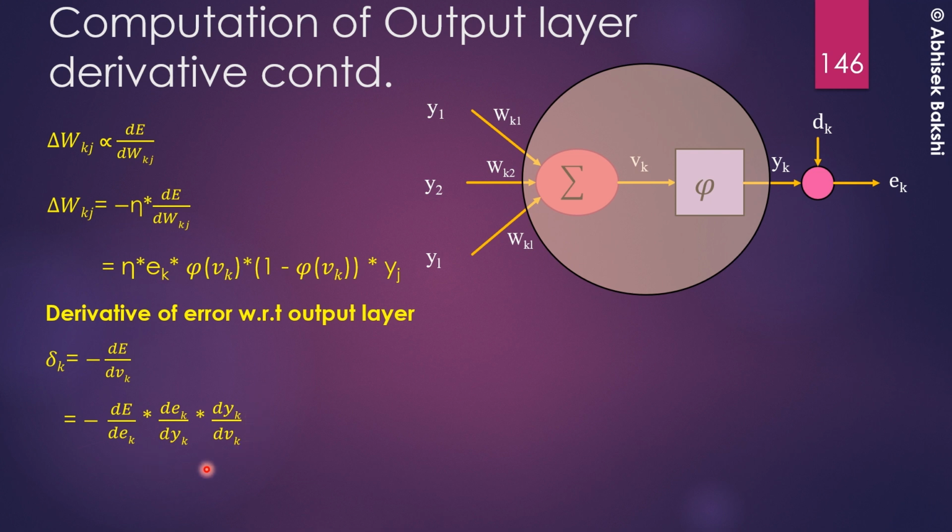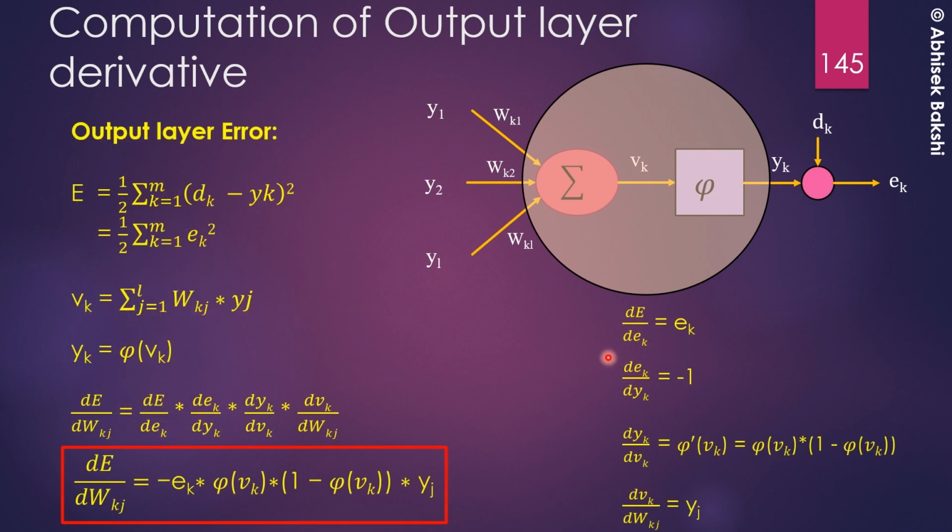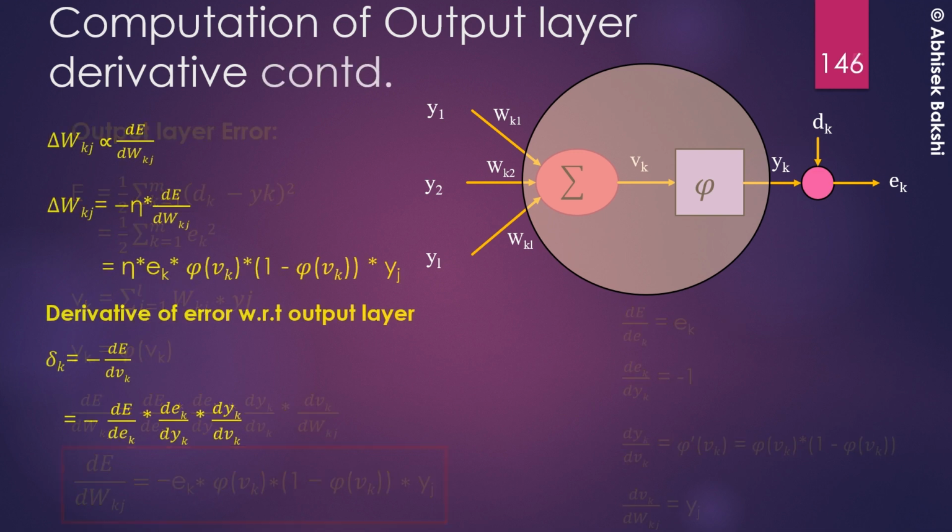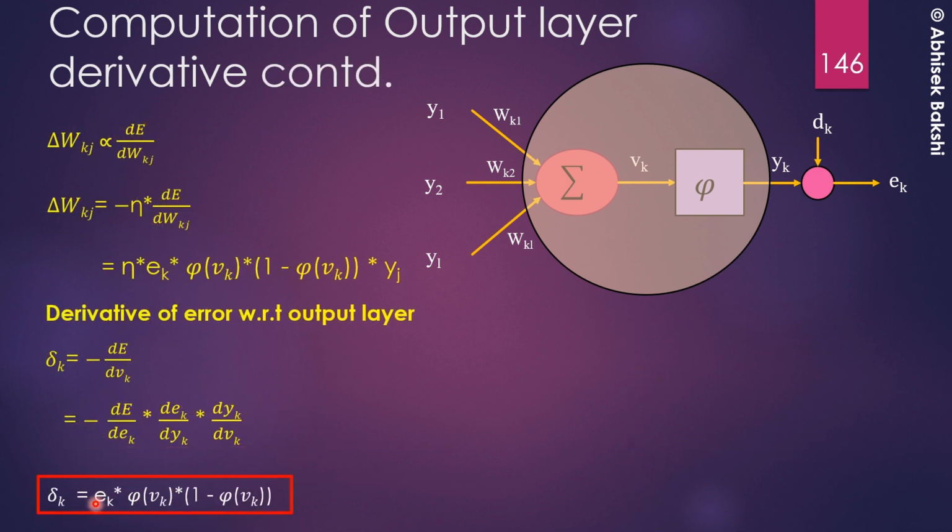So this chain rule you have to apply. Now the values of these different components of the chain rule are already in your hand. You have seen them in the previous slide, so just apply here. If you apply it, you will get the delta k value something like this.